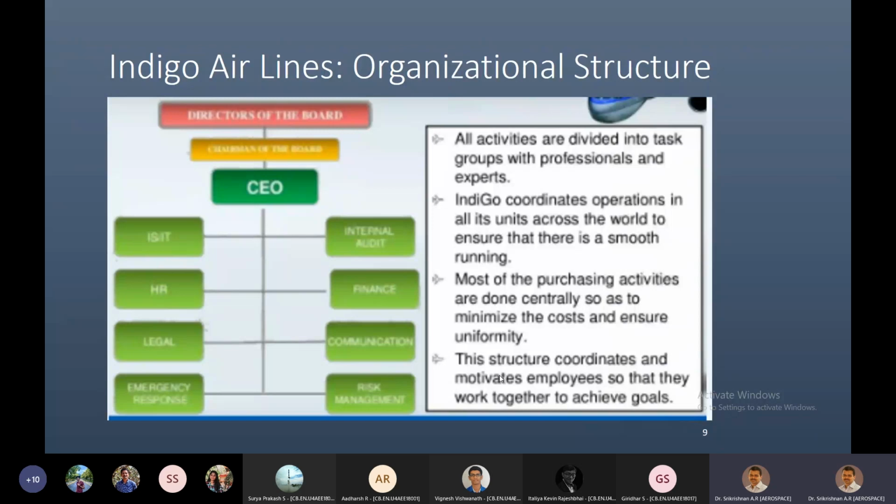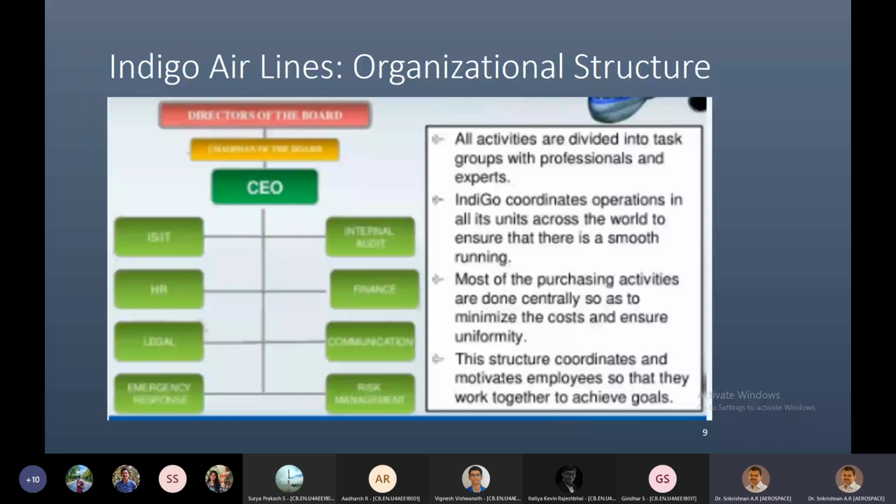So CEO reports to the chairman, and then below him you have the IT, internal audit, HR, finance, legal, communications, etc. I don't know whether they have further divisions, or if this is just a representative, or this is only one that I could see. So it just shows the various divisions which are reporting to the CEO.